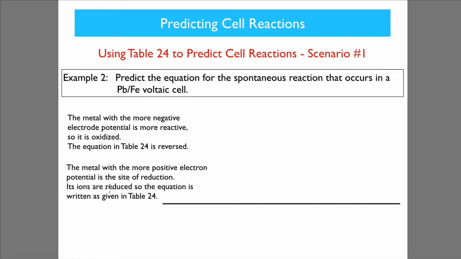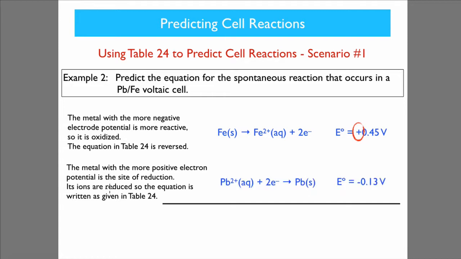What about with lead and iron? Again, the metal with the more negative electrode potential is more reactive, so it's oxidized, and you've got to reverse it from that table and make sure you're careful with that sign as well. It's got to be reversed. Then the metal with the more positive electrode potential is the site of reduction. Its ions are reduced, so it is written as given.